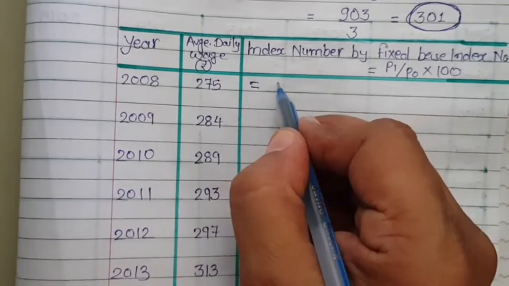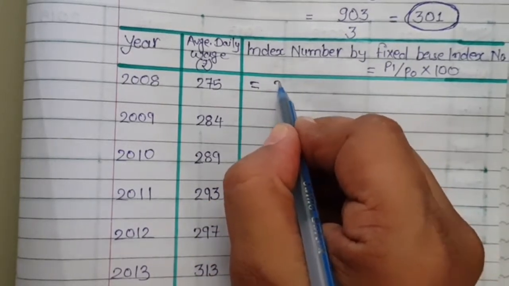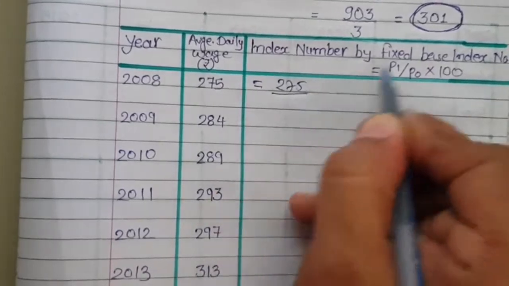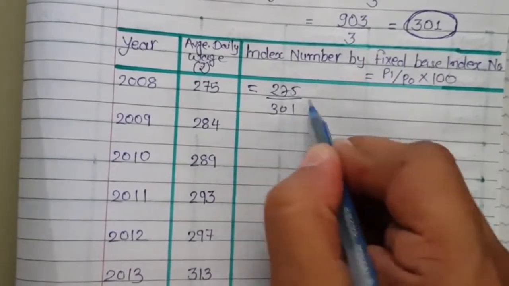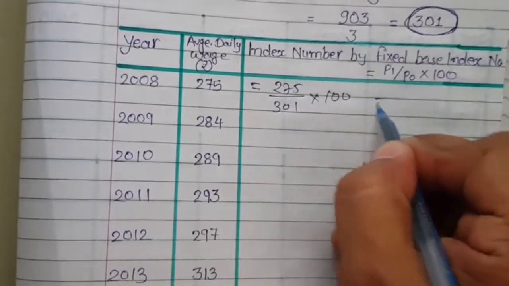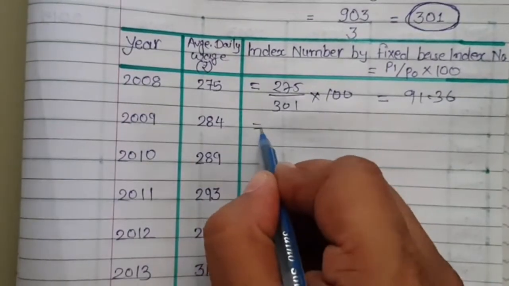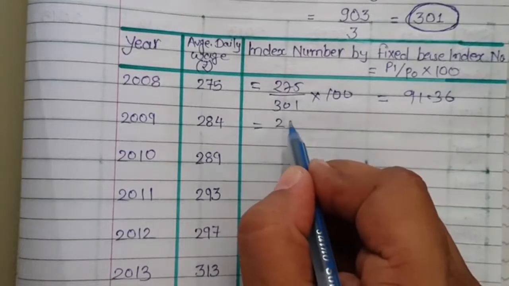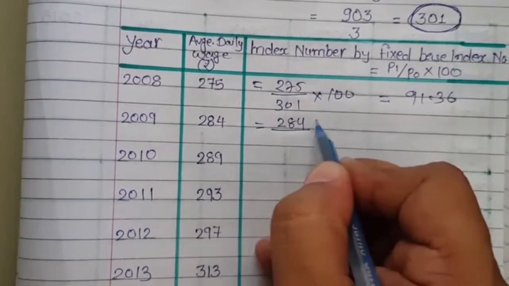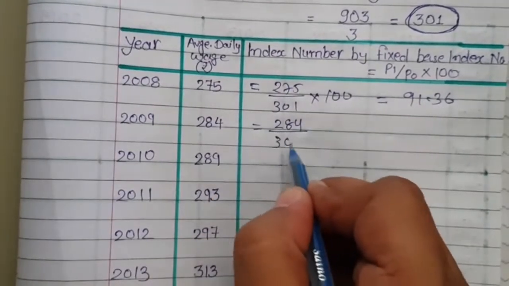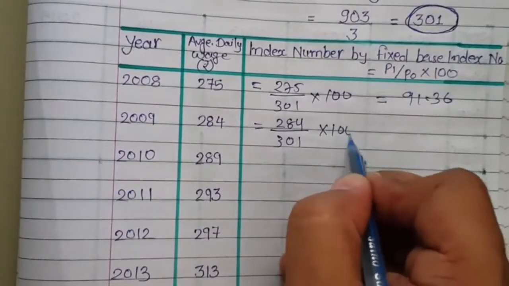For 2008, my current year price is 275. My fixed base price is 301 multiplied by 100. I will get 91.36. For 2009, my current year price is 284. My fixed base price is 301 multiplied by 100.